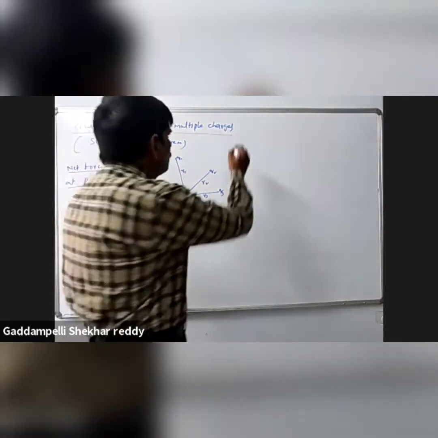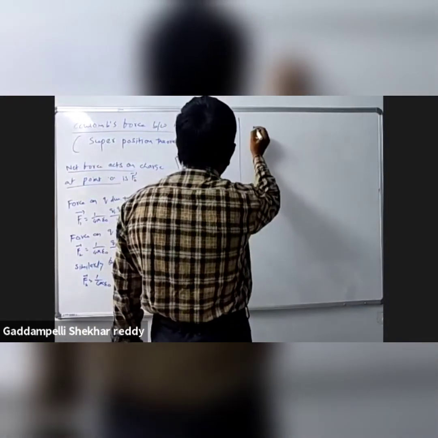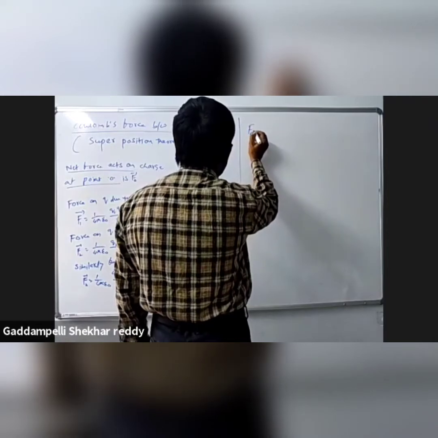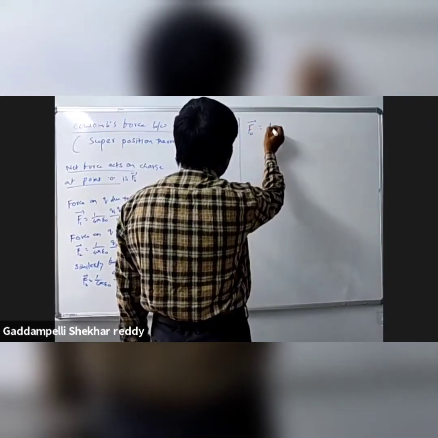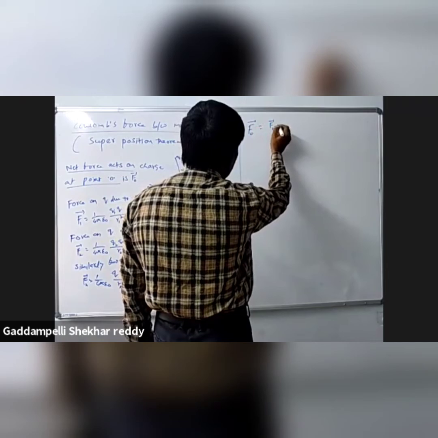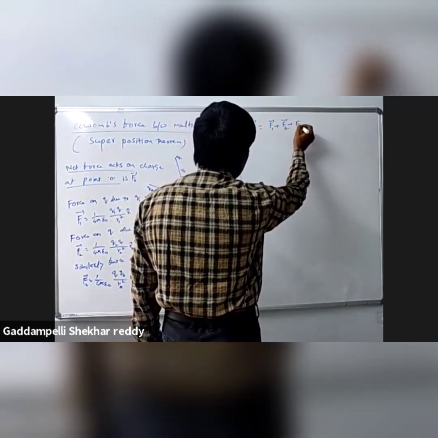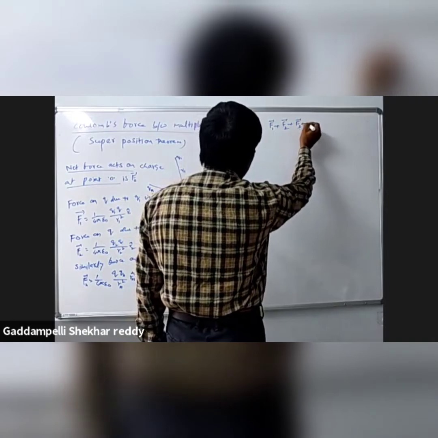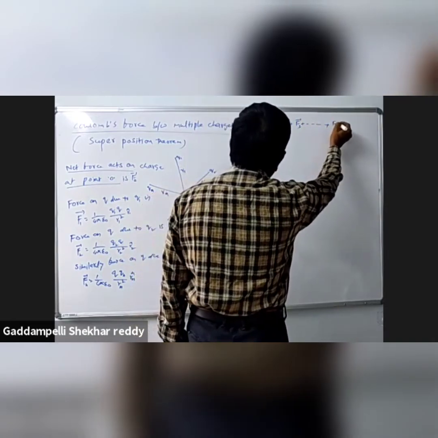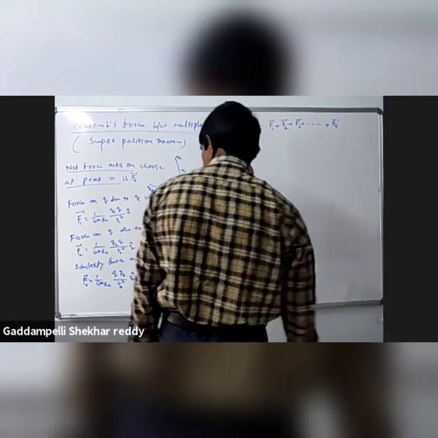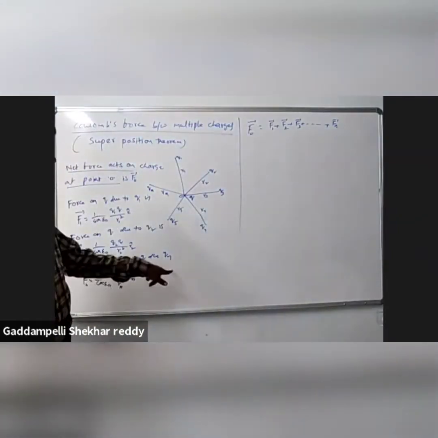Now, according to the superposition theorem, F net is equal to F1 bar plus F2 bar plus F3 bar and so on plus Fn bar. So these values are substituted.